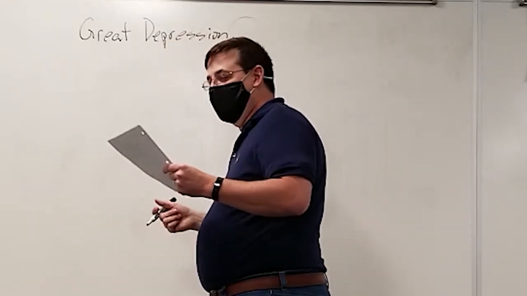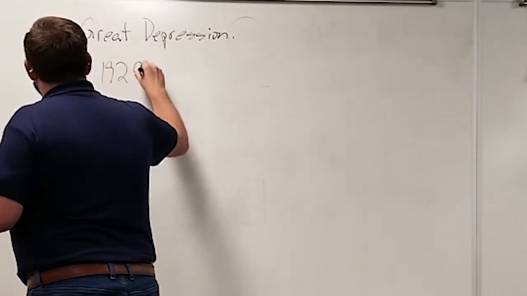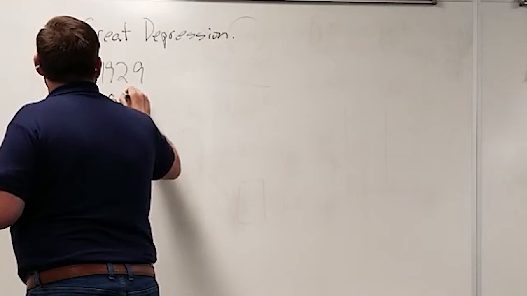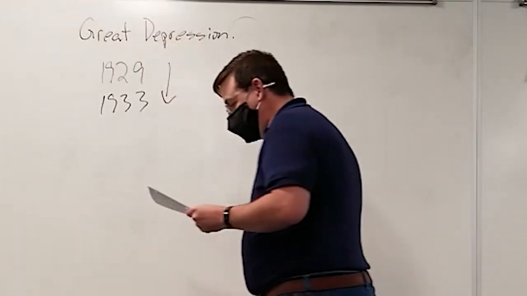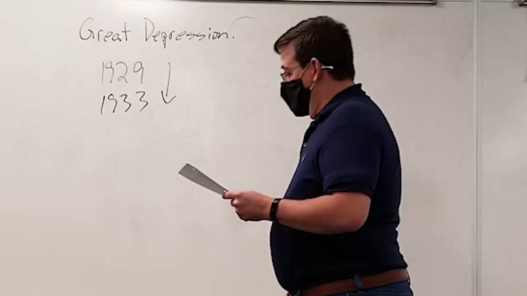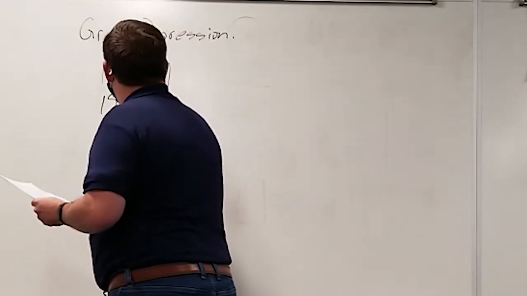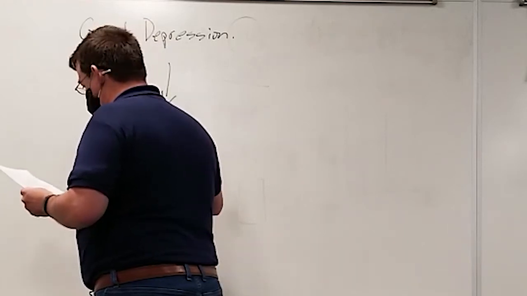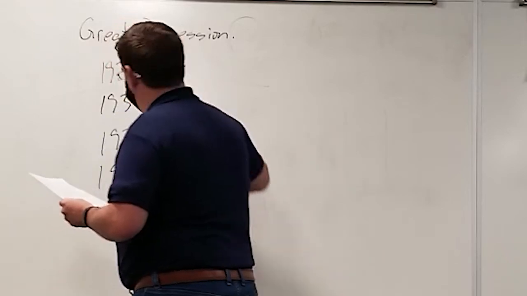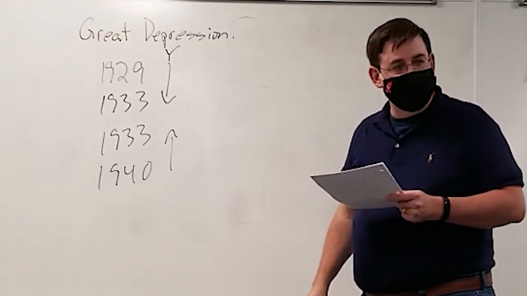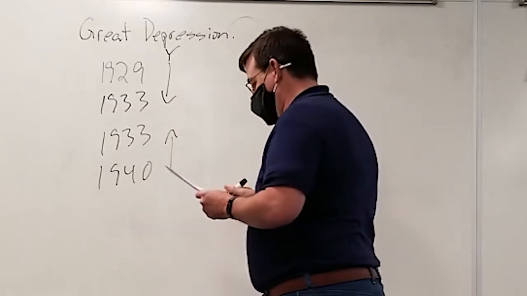What do we know about the Great Depression? Between 1929 and 1933, output falls. Between 1933 and 1940, output goes up. And there's a table in your textbook that, if you walk through it carefully and read the numbers, is helpful.